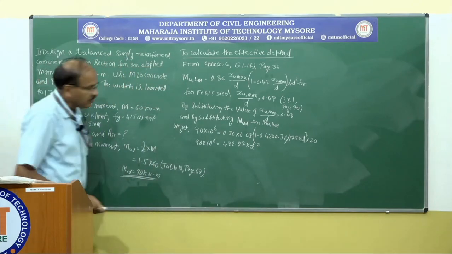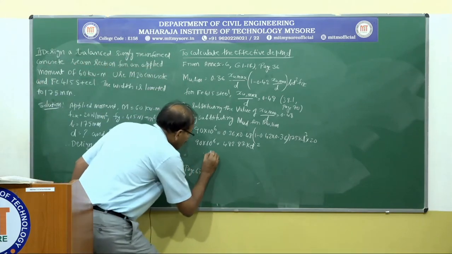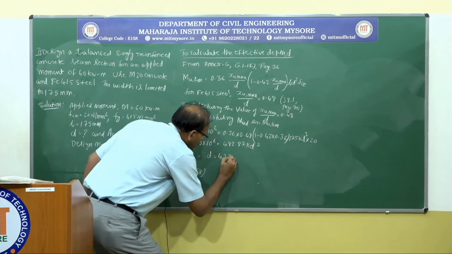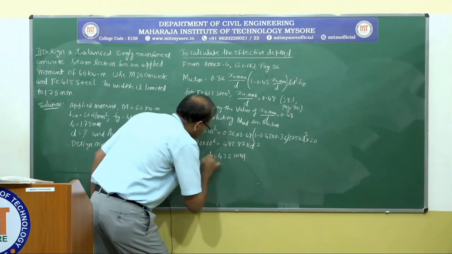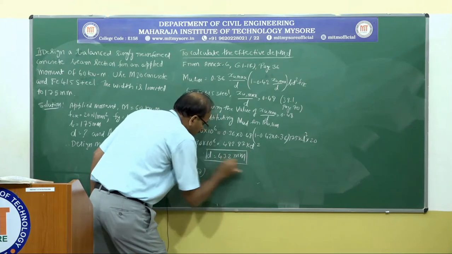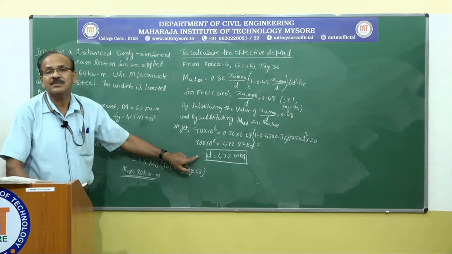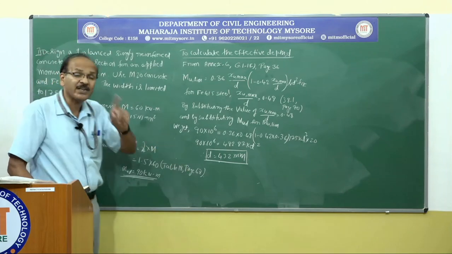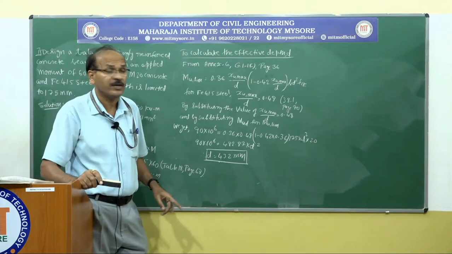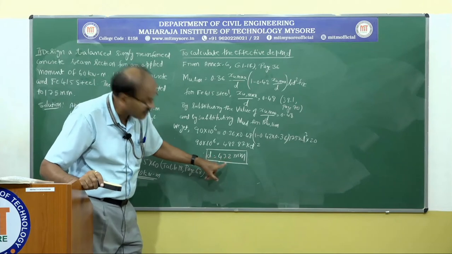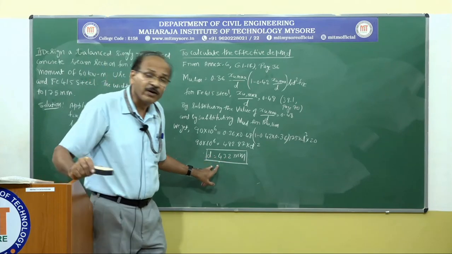Okay. Therefore, d equal to 432 millimeter. This is the depth, that is the effective depth, not the overall depth I am talking about. This is the effective depth required for a balanced section.